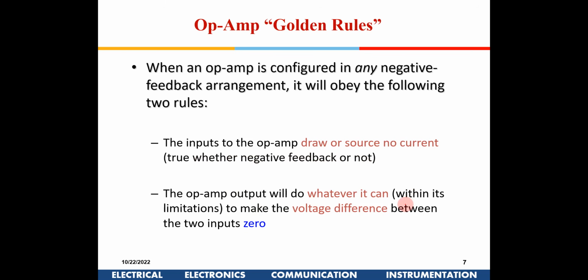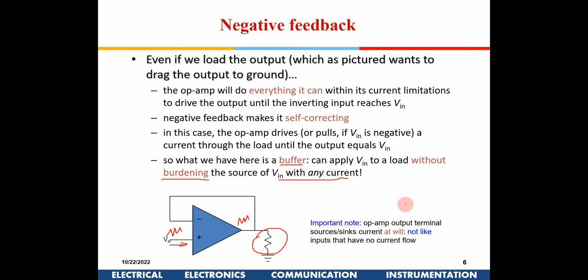Sir, one doubt. Yeah. If we take this output signal to the negative inverting input, then if we look at this circuit from the operational point of view, the difference signal will not be zero. No, actually, this will try and follow this signal.